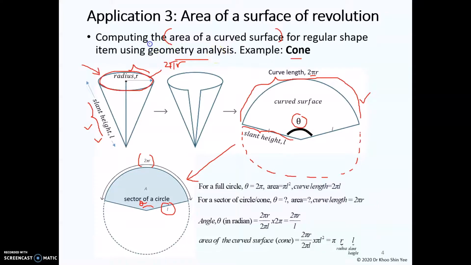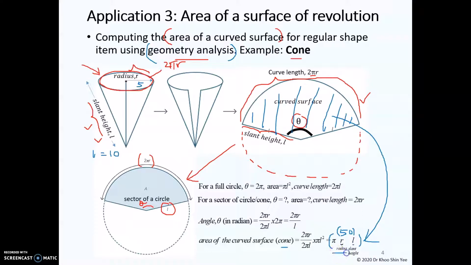In simple terms, from the geometry analysis, we can find the area of the curved surface for a cone by using this formula: pi r multiplied with L. So if the radius is, let's say, equal to 5, and the slant height is given as L equal to 10, substitute into this formula and you should obtain 50 pi. So 50 pi is the area of the curved surface for the cone with this geometry.